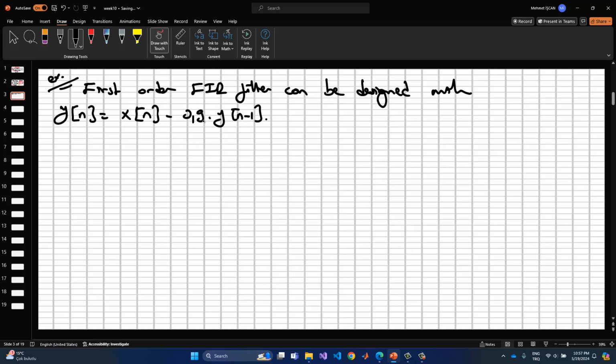This is a simple case of the IIR filter, infinite impulse response filter. In the Z domain we can translate the whole pulse transfer function into 1 divided by 1 plus 0.9 z^-1. This is the representation of the first order IIR filter.